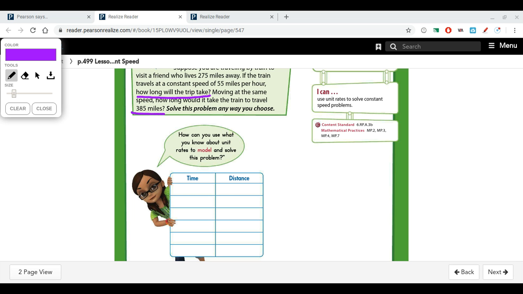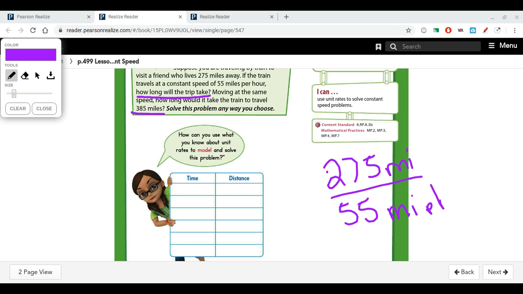But the first thing I need to do is find my unit rate. So I'm going to do 275 miles, and I'm going to divide that by 55 miles per hour. So this one's a little bit different because we already have our rate. We already know that our rate is 55 miles per hour.